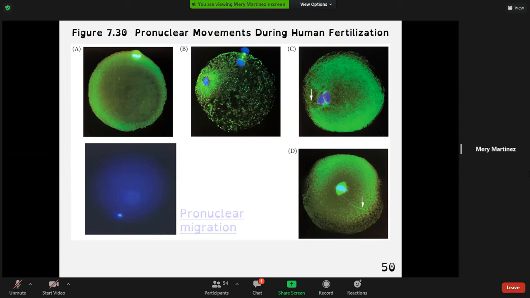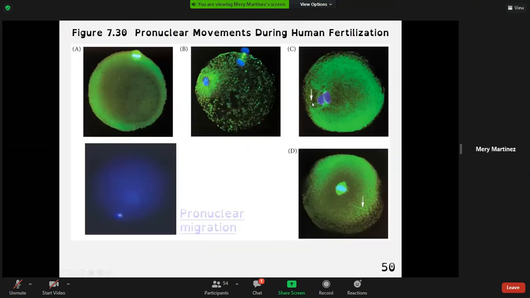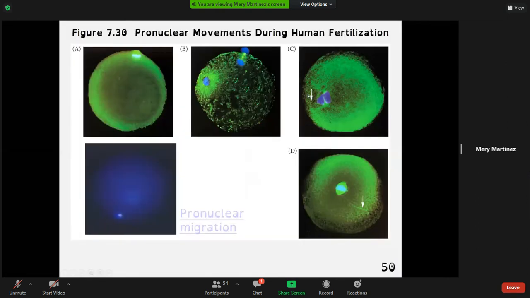Okay. About 15 hours after fertilization, we can see the two pronuclei, 1 and 2. And here what we see right here is the tail of the sperm. So we know that this is the male pronucleus right there. Okay, so the two pronuclei start approaching one another.